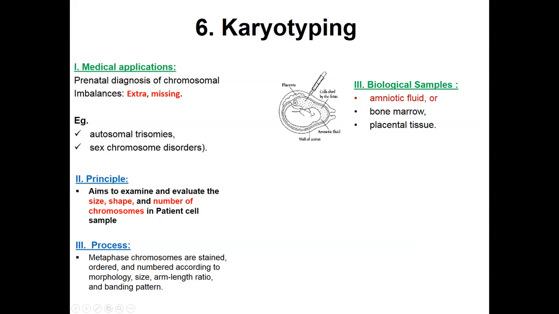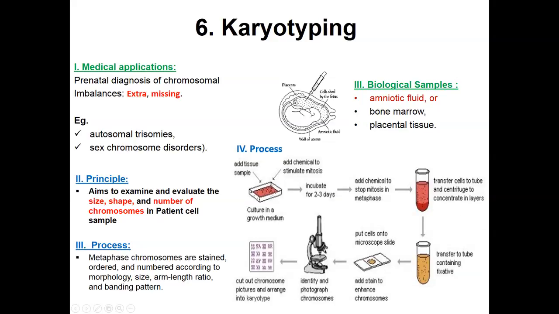Now, the sixth method is karyotyping. This technique is very interesting. What you're looking at is the chromosomes, okay? If you have a chromosome modification or a chromosome amplification, if you have multiple copies of the same chromosome and so forth.